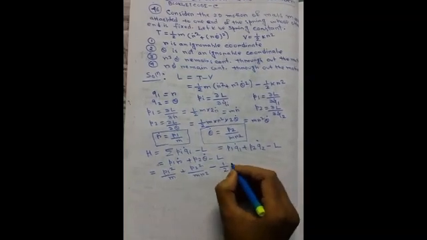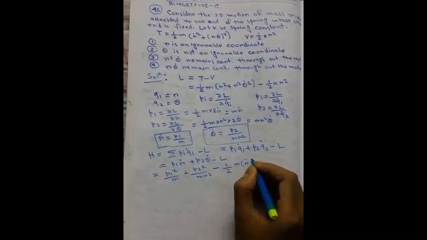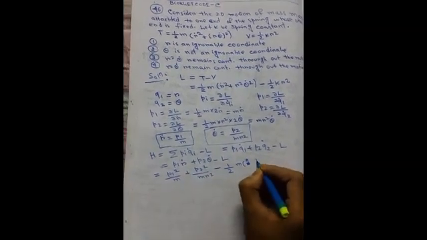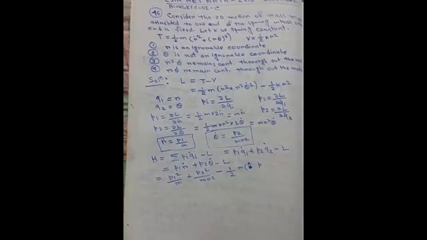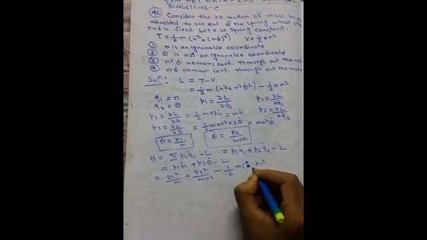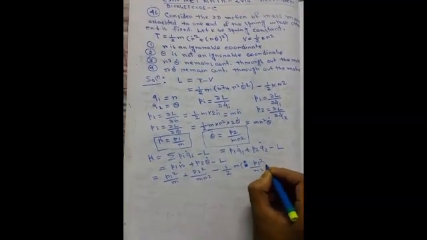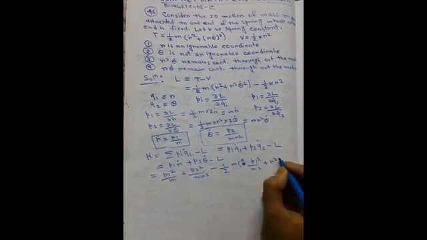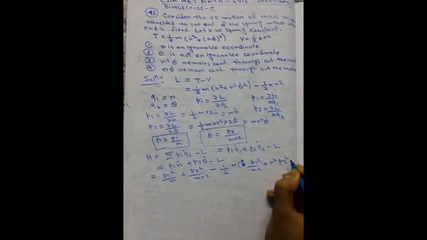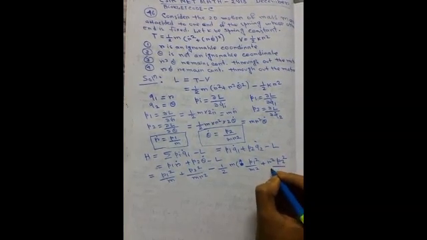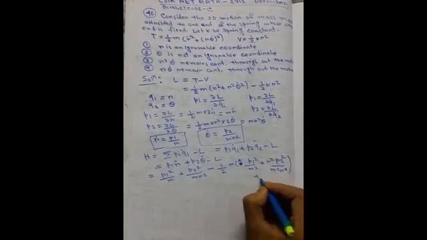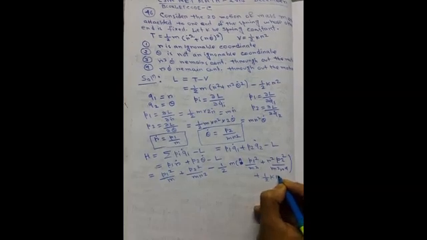L is half M r dot squared plus r squared theta dot squared. Since r dot is p1 by M, r dot squared is p1 squared by M squared, and r squared theta dot squared is p2 squared by M squared r to the power 4, plus half K r squared.